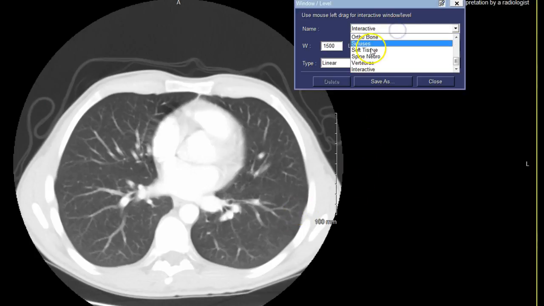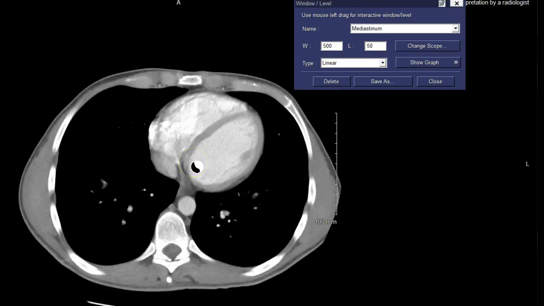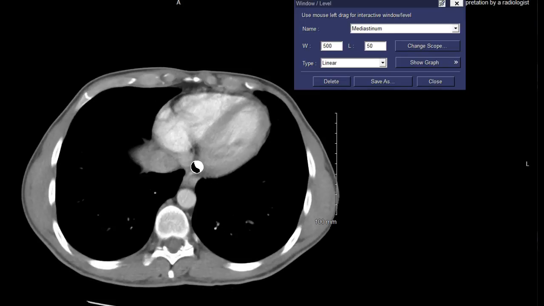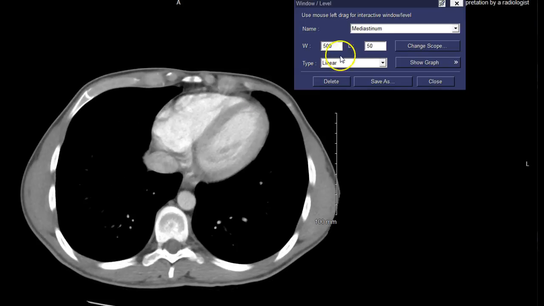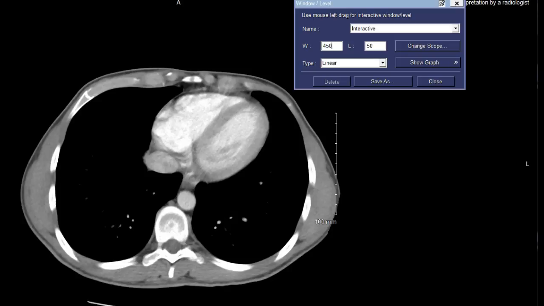Going back to the concept of the mediastinum, you can see that manipulations within this data set also make a difference. The interventricular septum is visualized there. What do small, subtle manipulations do? Compare 450 versus 400 versus 350.